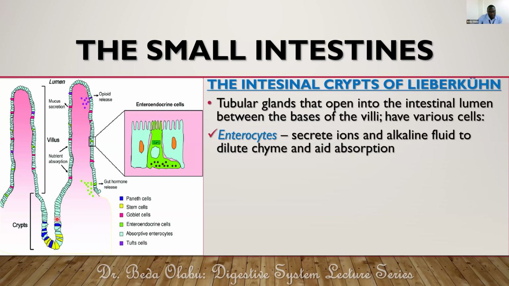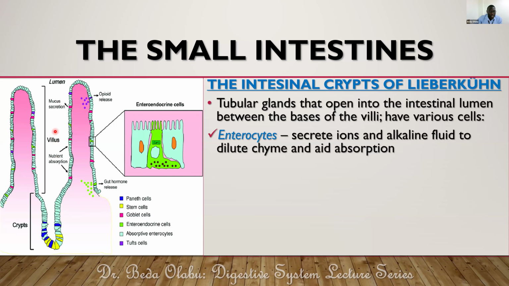The enterocytes here at the cryptal epithelium produce secretions. So it's a fluid that is being produced like that from this side to that side. Then that fluid comes this way. That fluid helps in absorption of nutrients.